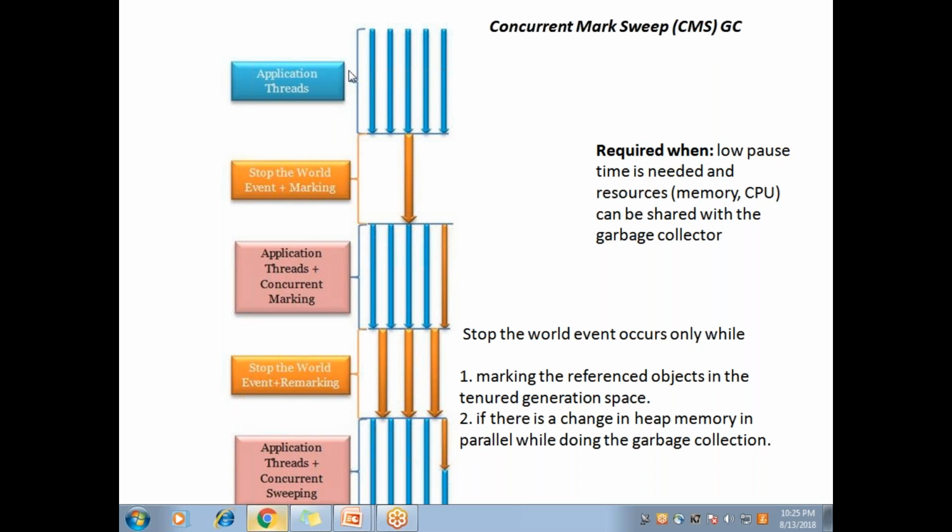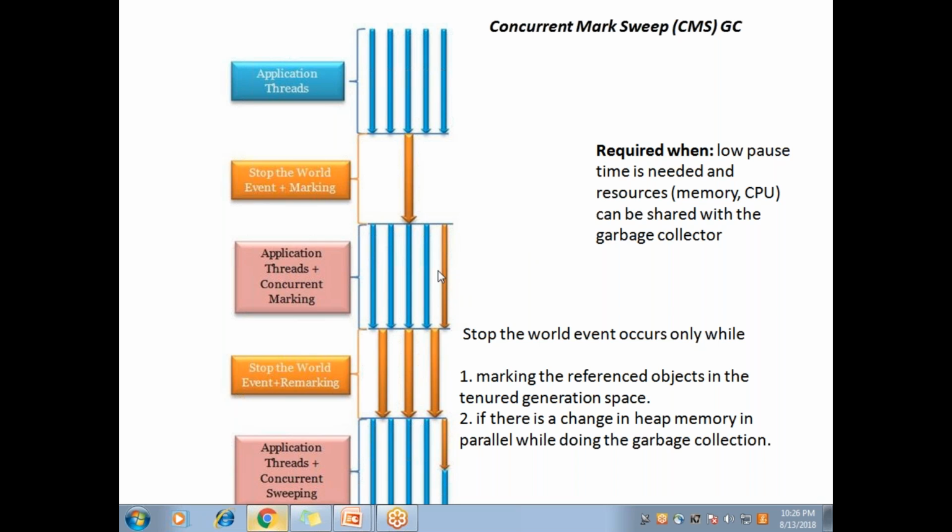So let's see. We have application threads. Along with the application threads, there will be a thread which will be happening for the GC as well. Both the things are happening parallelly. So application threads are running as well as the GC, but here the GC is not cleaning up, it is marking.